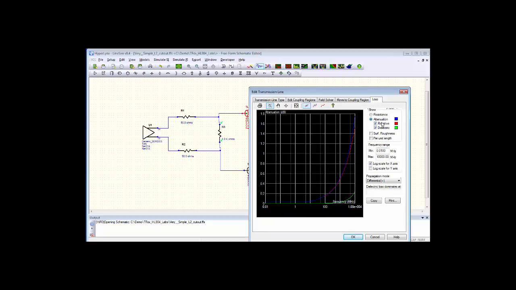Loss amounts to the attenuation, so we have either the resistive attenuation or the dielectric attenuation. The green is the dielectric, the red is the resistive. If you go to inner layers, you'll find that your dielectric loss goes up considerably, where here it's primarily resistive loss in this particular example.